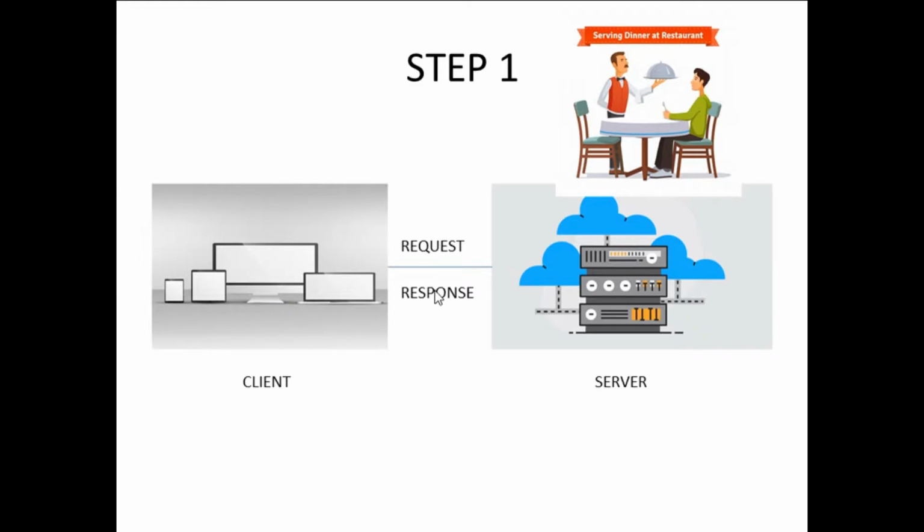Let us take an example to understand this in more detail. When you are surfing a web page on your laptop, computer, tablet or mobile devices using any browser such as Chrome, Firefox or Internet Explorer, your laptop or computer or phone becomes the client. And on this client, the web page requested by you is downloaded from the server, which is then viewed in your browser.